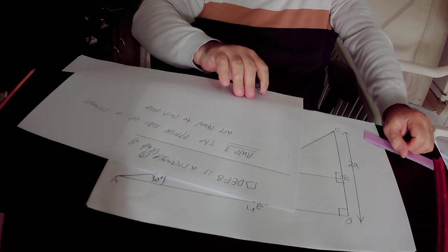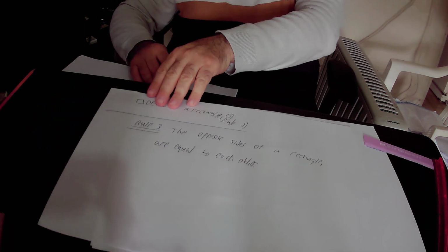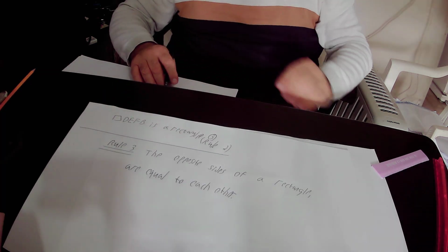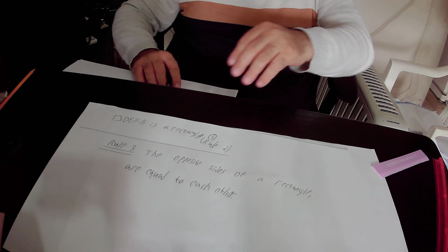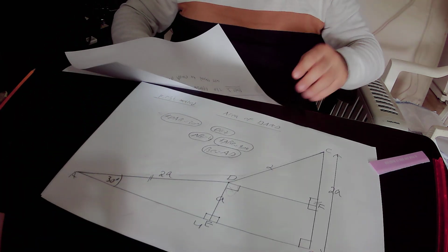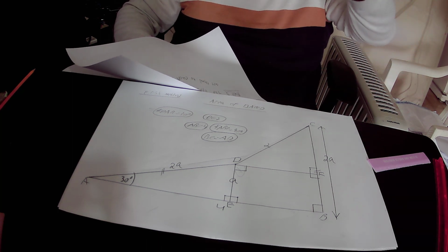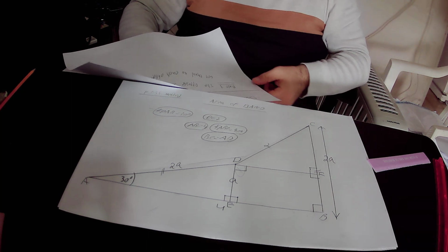I repeat rule number 3 again. According to rule number 3, the opposite sides of a rectangle are equal to each other. So, therefore, because quadrilateral DEFB is a rectangle, its opposite sides must be equal to each other.